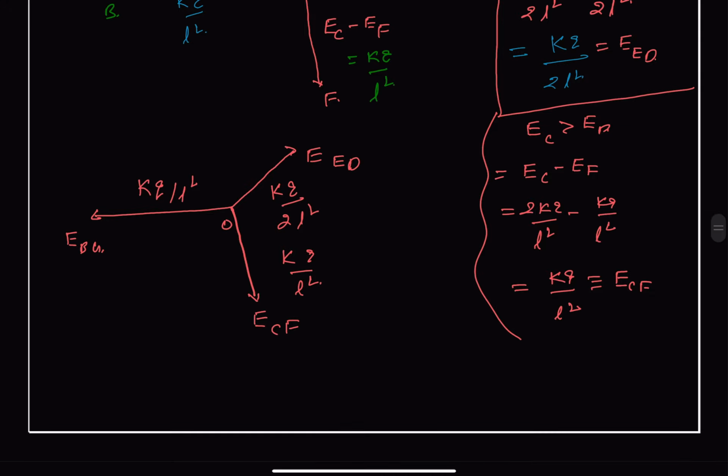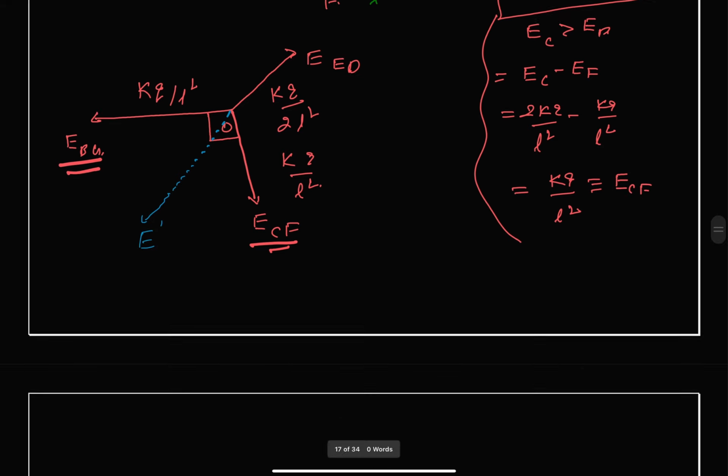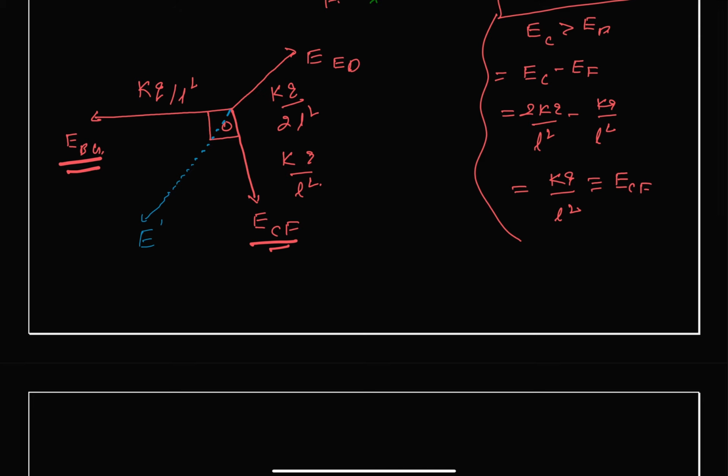So we have 2 electric fields, EBG and ECF, both are at 90 degrees, so therefore we can find out their resultant. Let us suppose their resultant is given as E prime. So we can say our E prime will be equal to, cos 90 will be 0, so we can just write directly, the square root of EBG whole square plus ECF whole square.